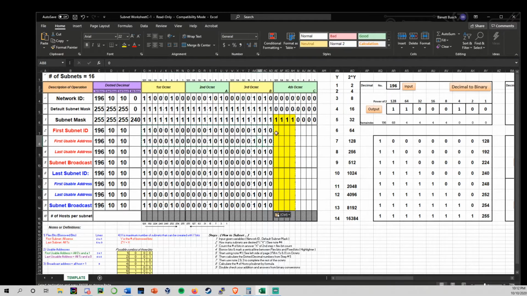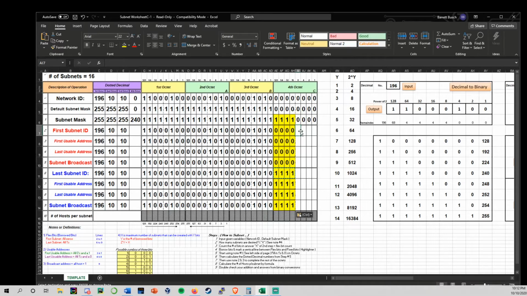All right. And then remember, for the first subnet portion, these are going to be all zeros. Copy and paste. In the last subnet portion, it's going to be all ones. So now all we need to do is complete the host bits.